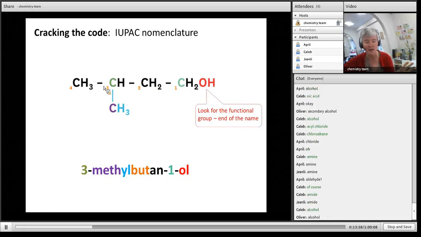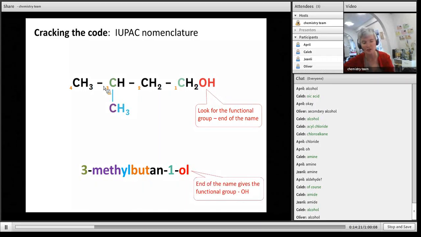In this molecule that I've given you, there's only one functional group, and that's the alcohol. You will be expected to name compounds with more than one functional group, and we'll do that as well. So you look at the molecule and you see, I've got an alcohol, so my name will end in ol. The end of the name gives the functional group.